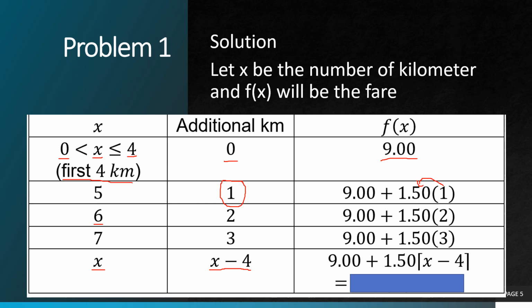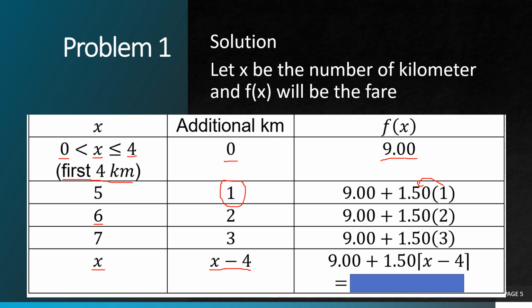So if the case is 4.5, that will be 4.5 minus 4, that will be 0.5, and the ceiling function of 0.5 is 1. So 1 will be multiplied to 1.50 plus 9 to obtain the fare.